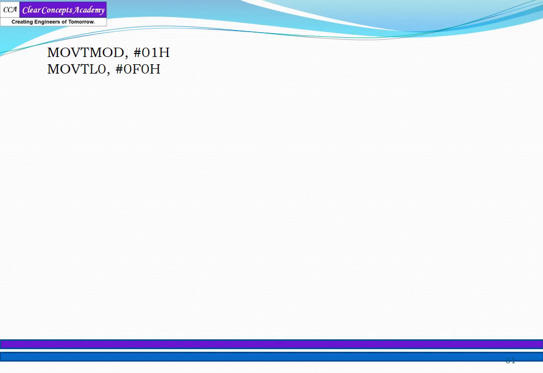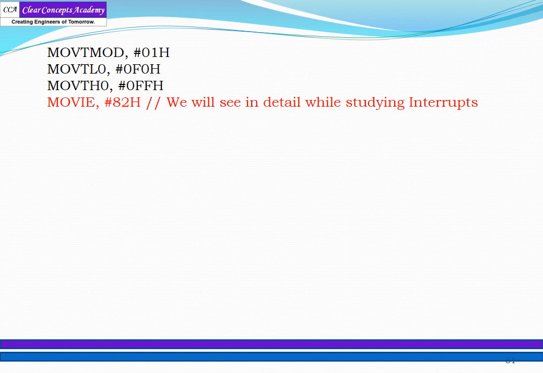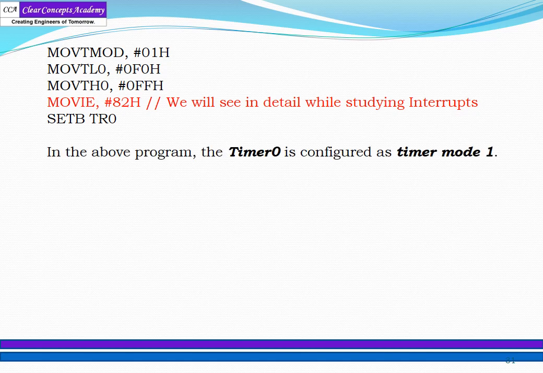Then move TL0 0F0, then move TH0 0FF, because we want to generate a 16 microsecond delay. Now move IE 82H. This is interrupt enable. We will discuss this during our study of interrupts. Now set bit TR0. Set bit means start timer 0.